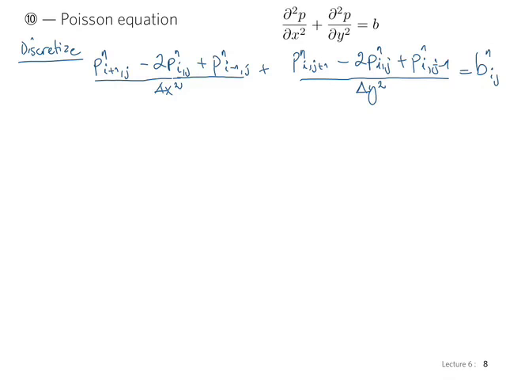It's also discrete. So unlike the Laplace equation, we have a source term.